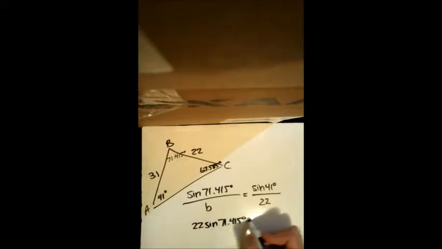So this one, I need to get B by itself. So I'm going to take this proportion and cross multiply. So 22 sine of 71.415 would equal B times the sine of 41.